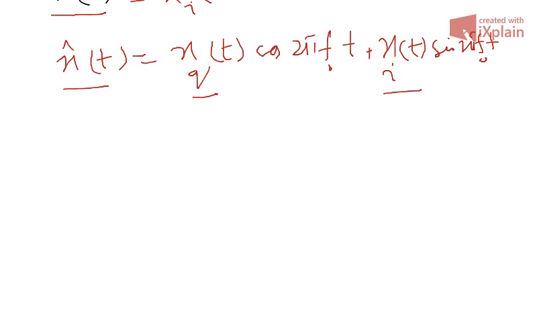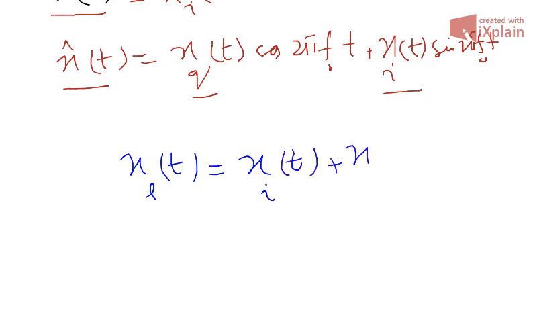So in this lecture we conclude that we can write our low pass equivalent of the band pass signal in terms of the in phase and the quadrature components of our x of t.